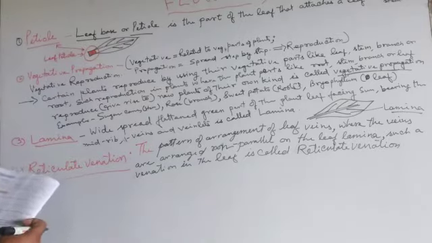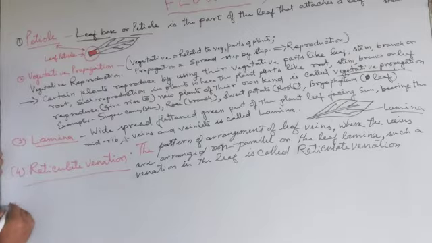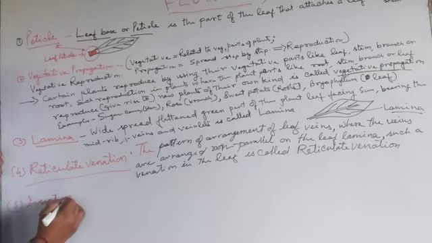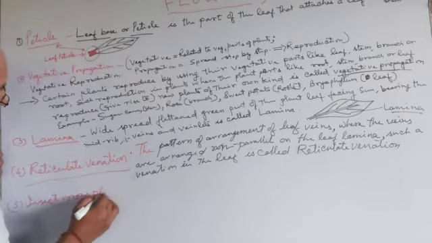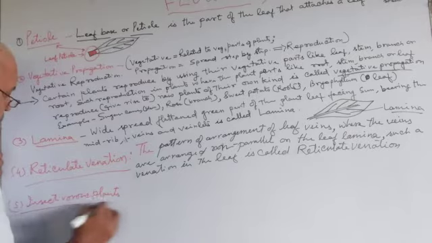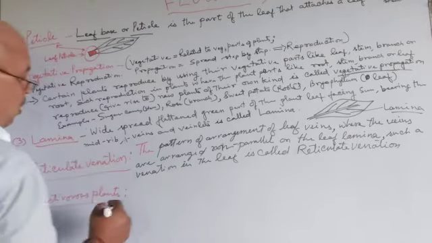The fifth one is insectivorous plants. The fifth term that you have to define is insectivorous plants.